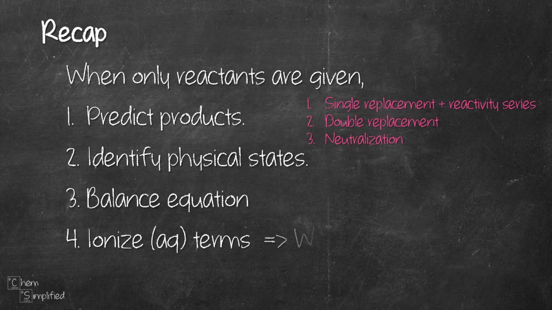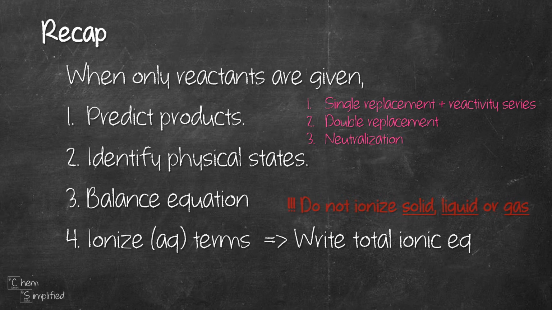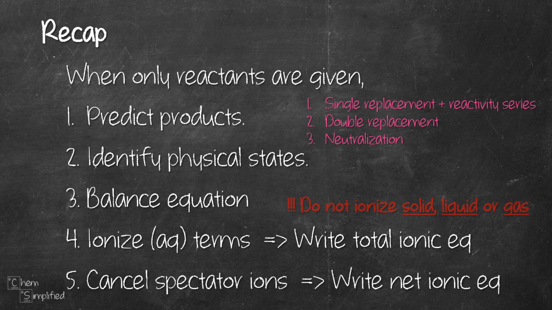After that, we split the aqueous terms. We leave the solid, liquid, and gas terms alone, and that will give us the total ionic equation. Then we cancel out the spectator ions and rewrite it, and that will give us the net ionic equation. If you are looking to practice writing net ionic equations for other types of reactions, do watch out for part 4 and part 5 of this series.